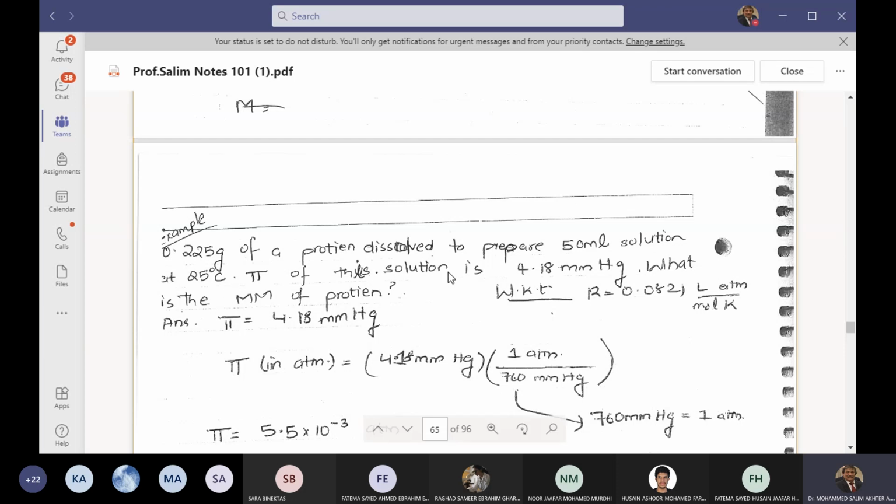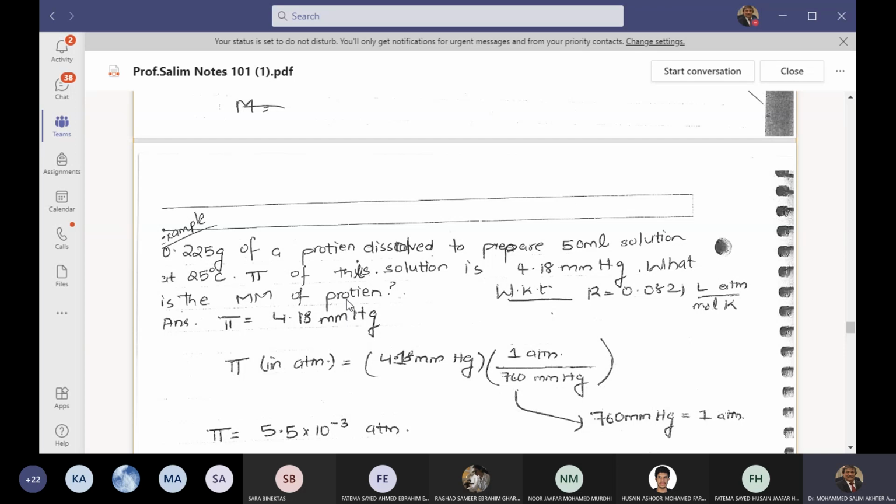Pi of this solution is 4.18 millimeter mercury. If it is 4.18 millimeter mercury, what is the molar mass of the protein?